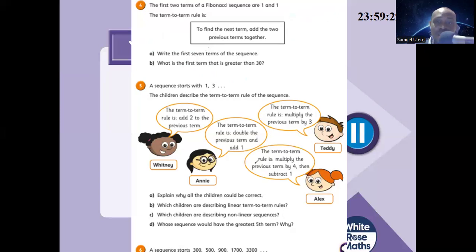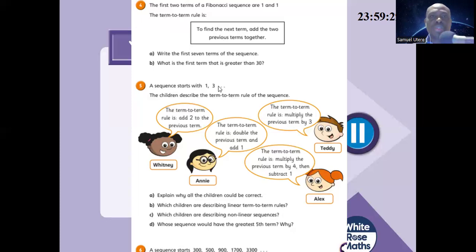So all these guys, Whitney, Annie, Teddy, and Alex, they could all be right, because you could have many people saying different things and then being correct. And then the last one, we have a sequence that starts with these numbers, and you're told to describe the 2-step term to term rule.